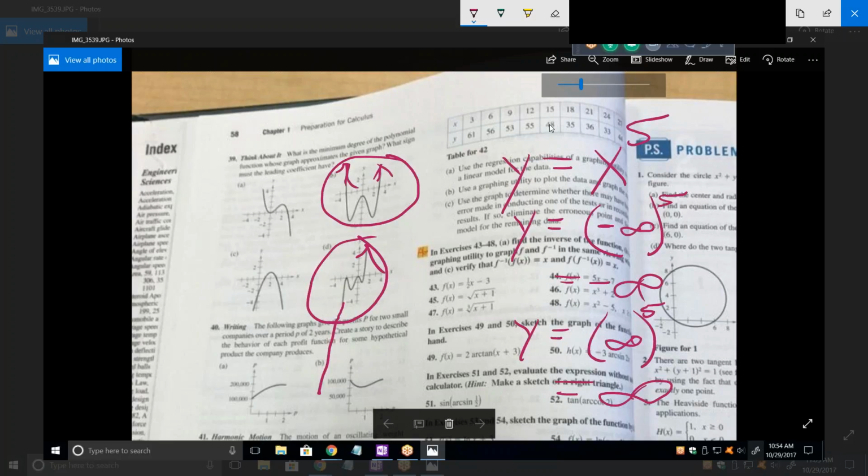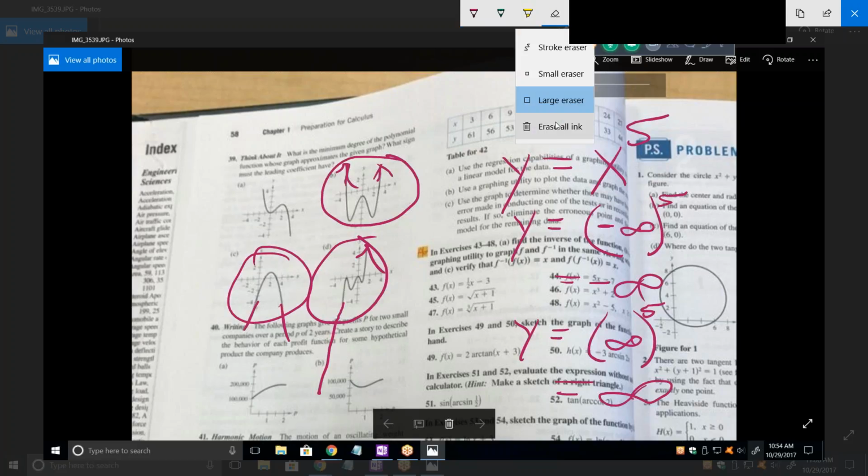On odd, like a cubic or a quintic, they are on opposite sides. One goes from negative infinity, the other goes to positive, or vice versa. Whereas with a quadratic, which is an even degree polynomial, they both go to the same side. Either they're both going to go up or they're both going to go down. I understand that.